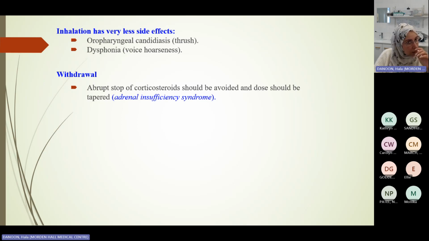We have a patient who is on 3 different routes of corticosteroids, and we tell her to have a steroid card with her. Even the MHRA advises that patients on high doses of inhaled corticosteroids should carry a steroid card with them.